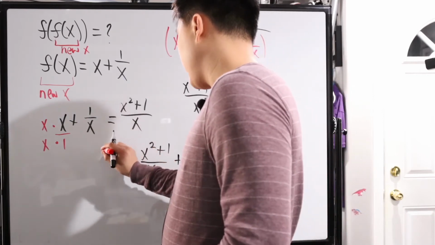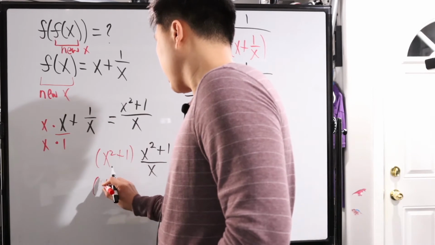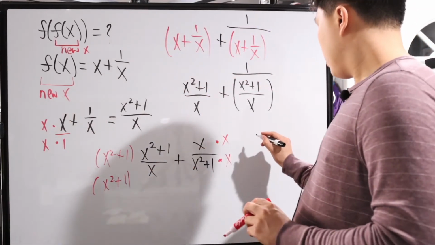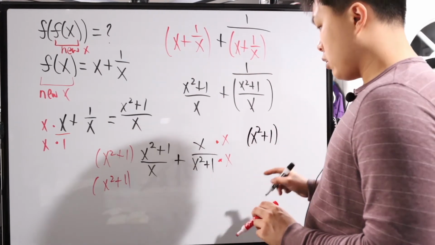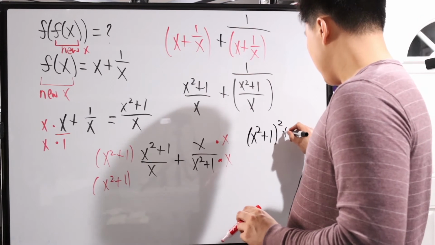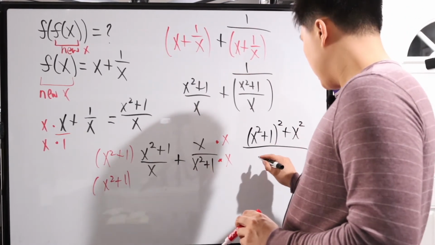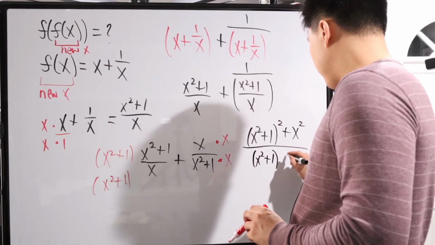We're going to multiply this by x squared plus 1 on top and x squared plus 1 on the bottom. So we have our x squared plus 1 squared plus x squared over, and what is that? Going to be x squared plus 1 times x.